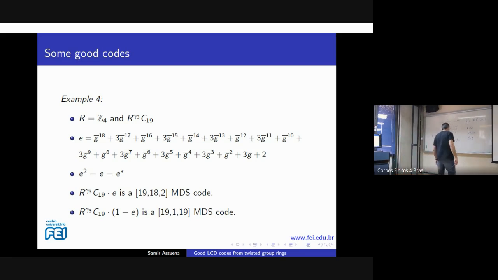Have you tried this here? I didn't mention it, but we can prove that in this case, if this product is equal to 0, or in some cases with the automorphism, this implies the dual code is contained in the code.